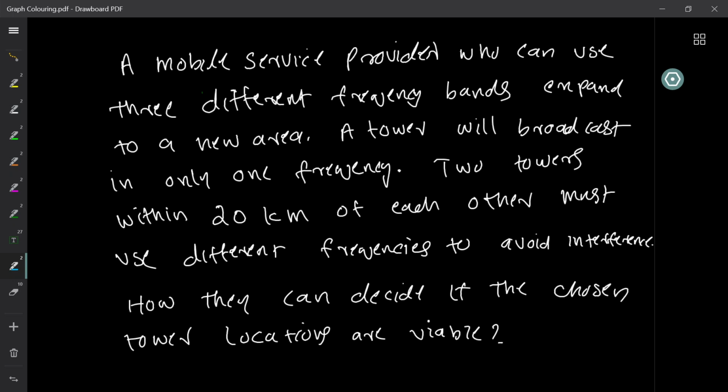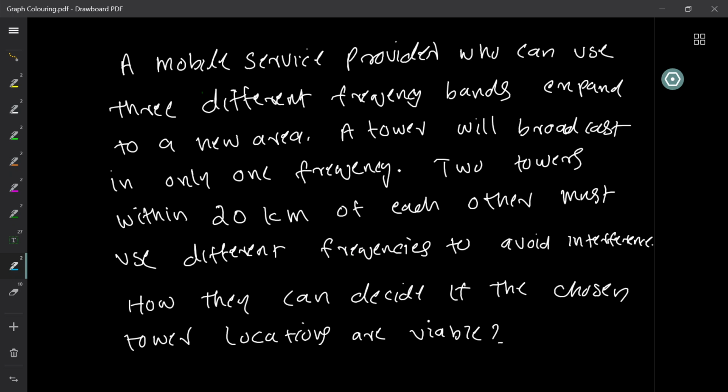And when they try to expand to this area, they will have several mobile towers which are going to broadcast the signal. Let us say one tower will broadcast only in one frequency. Now, that's our simplification assumption for the time being.